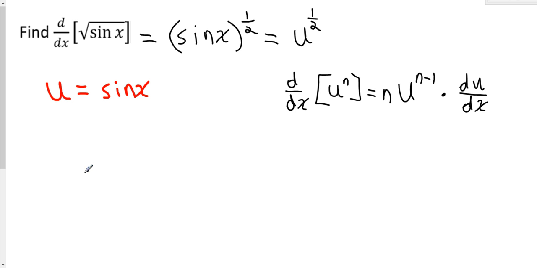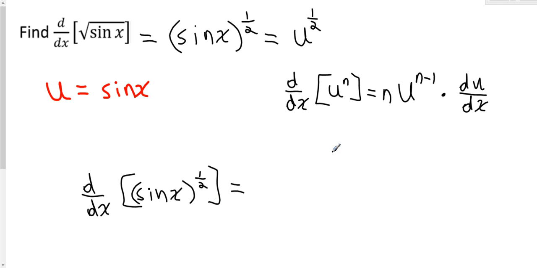All right, so that means that this derivative is going to be the derivative with respect to x of the sine of x to the 1/2. Then this derivative is equal to, let's see, n, which is 1/2, times u, which is the sine of x, to the n minus 1 power.